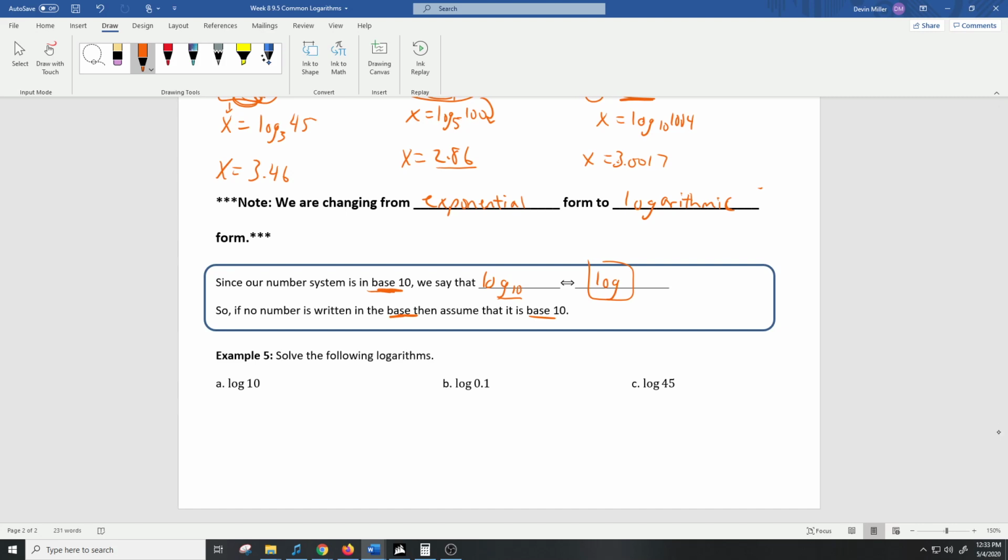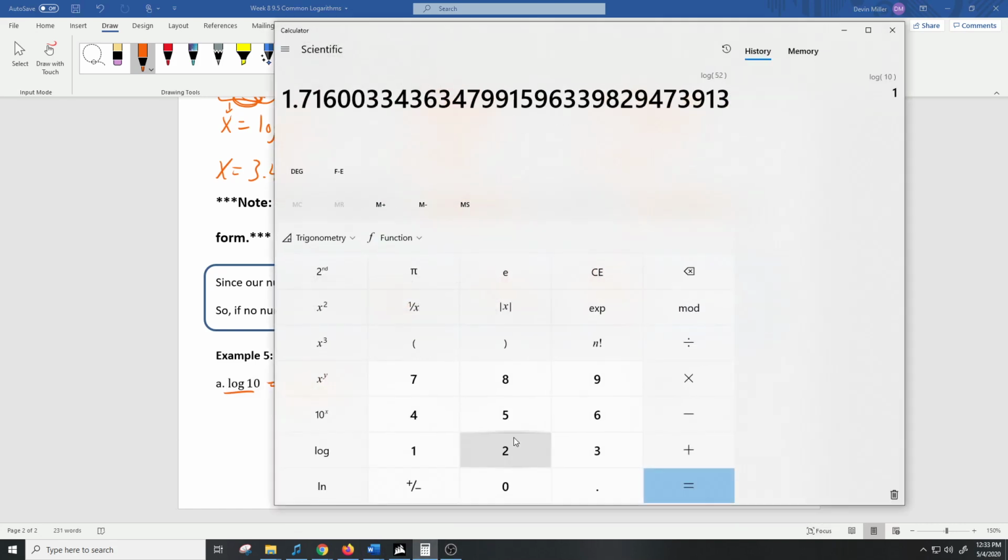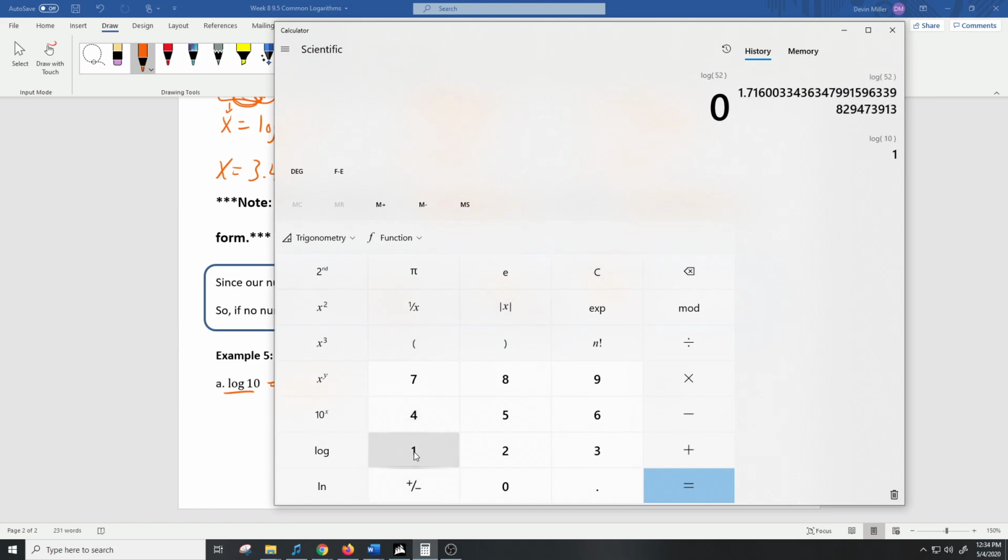So let's get an example here. Solve the following logarithms. Log of 10 would mean log base 10 of 10. So you can actually put it in either calculator you want. Log of 10, for this one, if I was going to use this calculator, I'd write 10 first and then hit log.